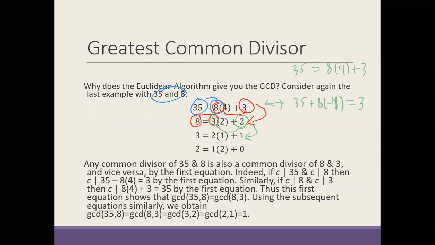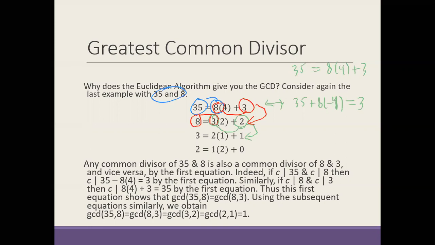And then the second line says that we can swap out the greatest common divisor of 8 and 3 for the greatest common divisor of 3 and 2. And the next line says we can swap out the greatest common divisor of 3 and 2 for the greatest common divisor of 2 and 1. This is becoming an easier and easier problem. So this Euclidean algorithm preserves the GCD at every line.